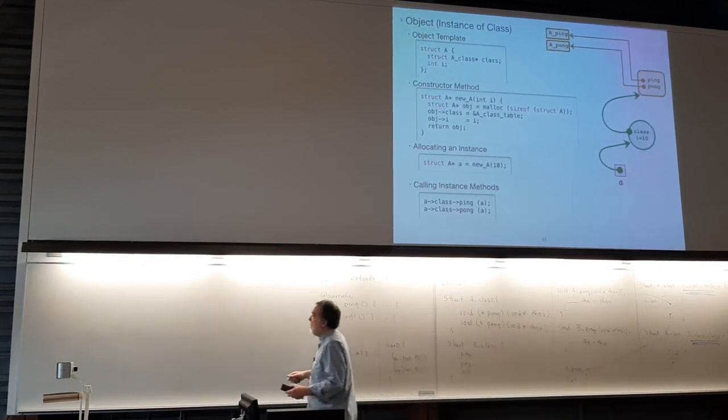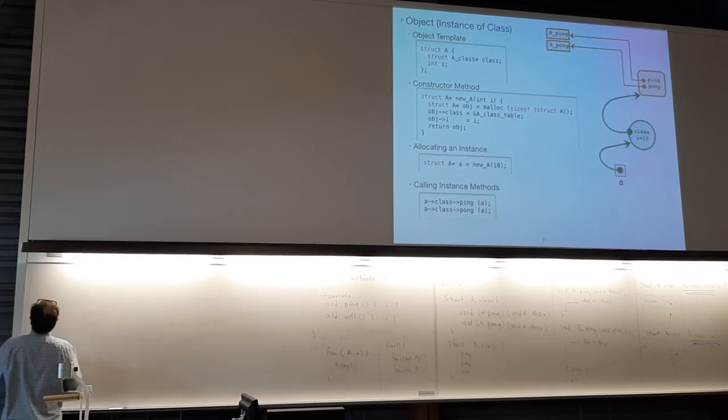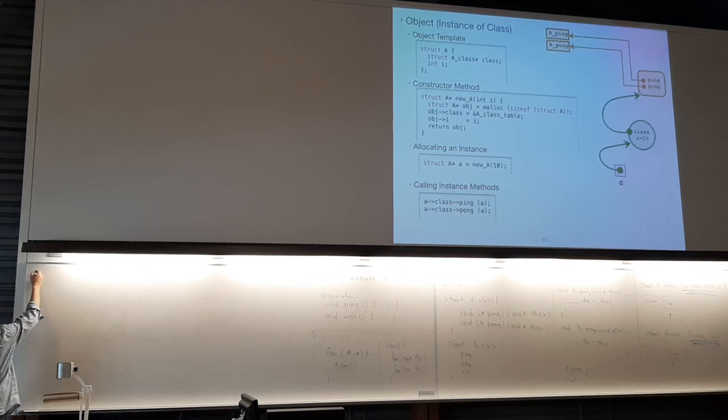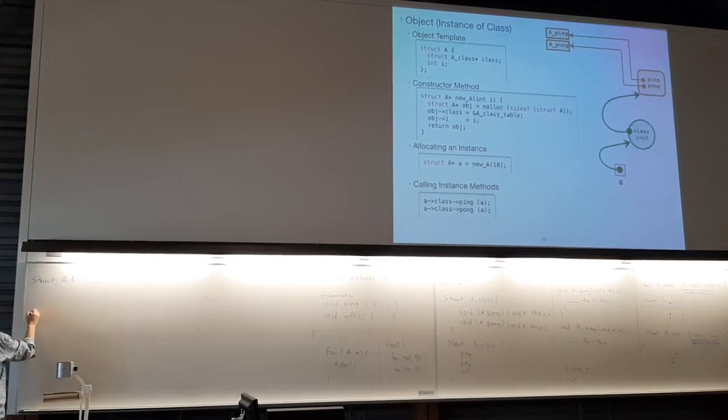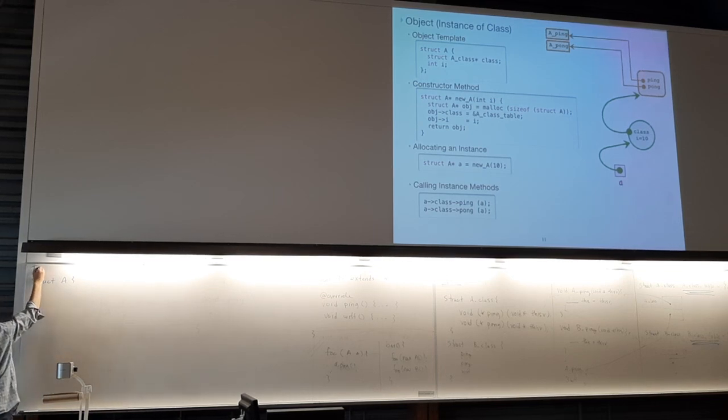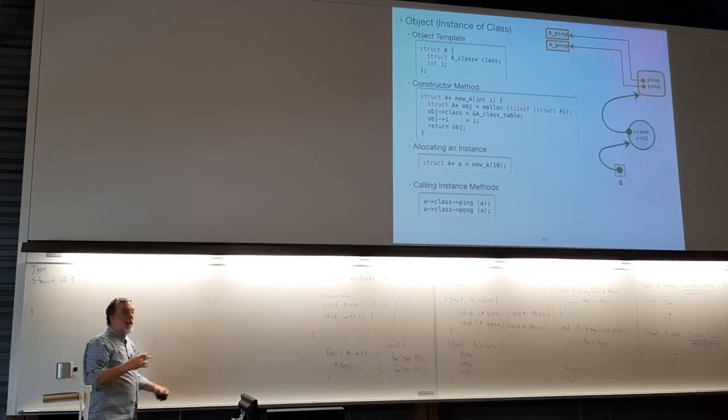I also have another type over here. These will be the types. This is also static, but I just don't have it black. So I've got a struct A. So struct A is a type that will represent the object itself.